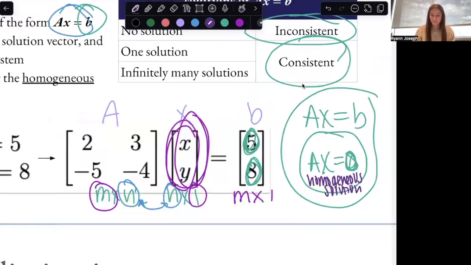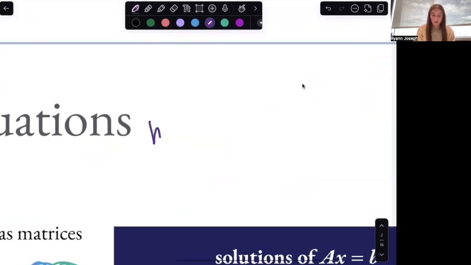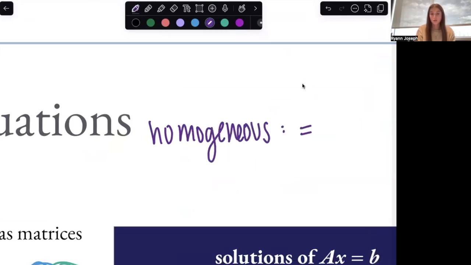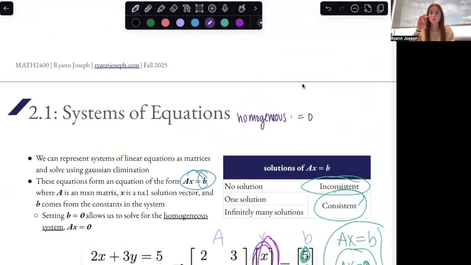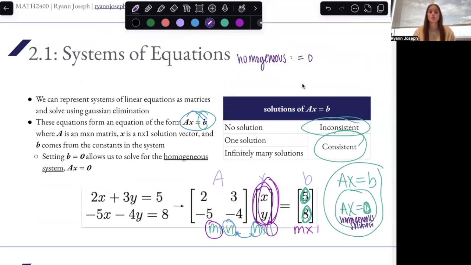In this class, think homogeneous, set equal to 0. If you remember that homogeneous means set equal to 0, you're in great shape. So when we solve ax equals 0, that's a very specific type of solution that I will discuss in a bit, but very important concept.